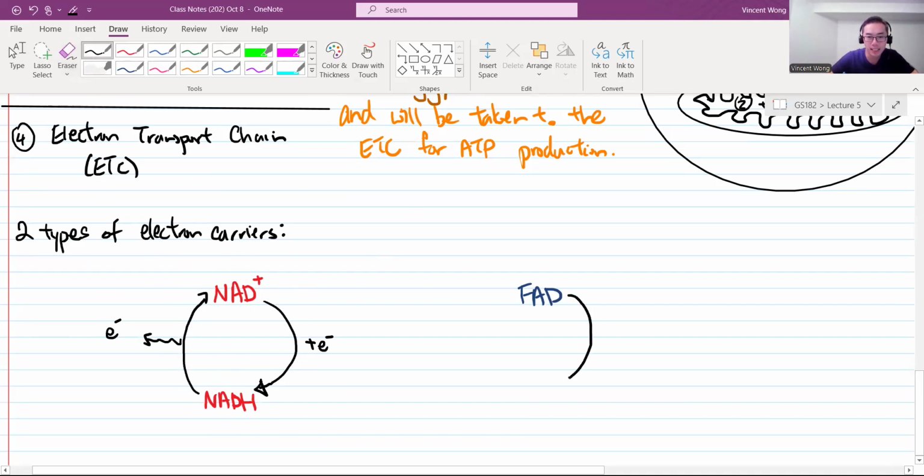Similarly, for the FAD, you can pick up electrons with it. And once you do that, it becomes FADH2, just the name. That's the full version, packed version. And it's going to take it to the ETC, and then the electron's going to come off. Okay.